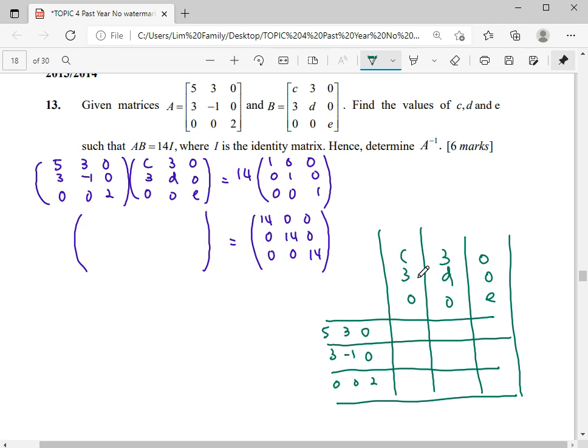5C plus 9, because 0 times 0 is 0. When I want to find the element of the first row, second column, I take this times this to get the answer, so 15 plus 3D.